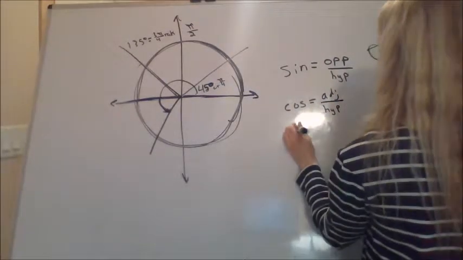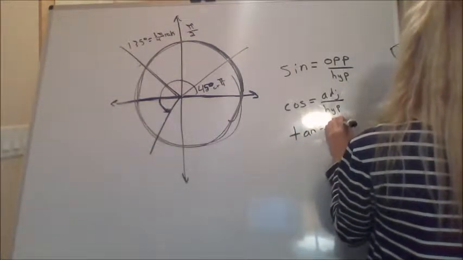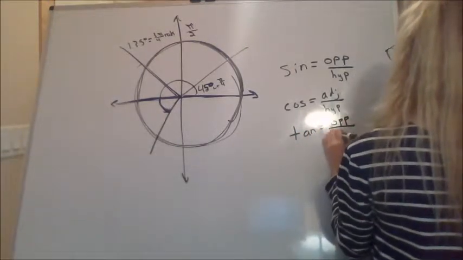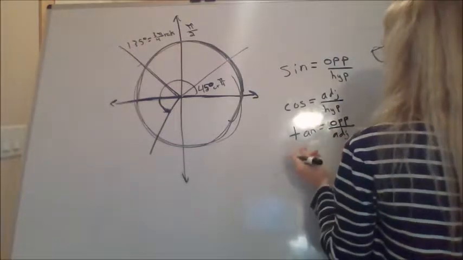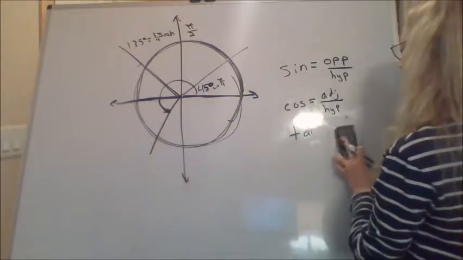And then TOA, the tangent, equals opposite over adjacent. So we're not really going to use tangent today, but let's focus on sine and cosine for now.